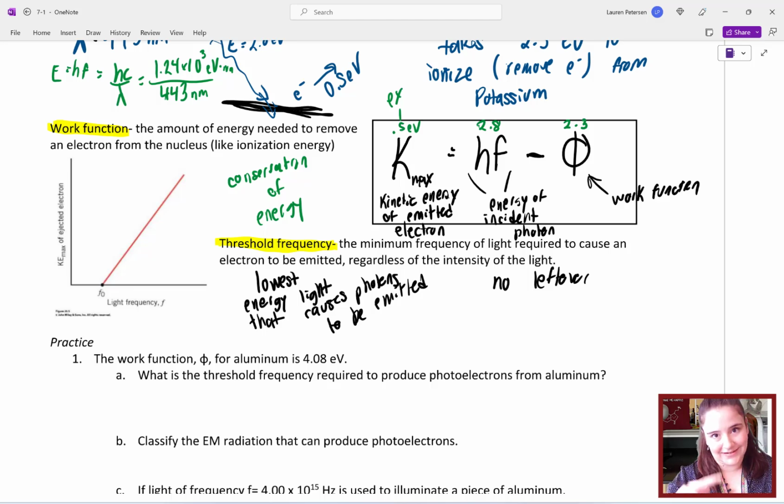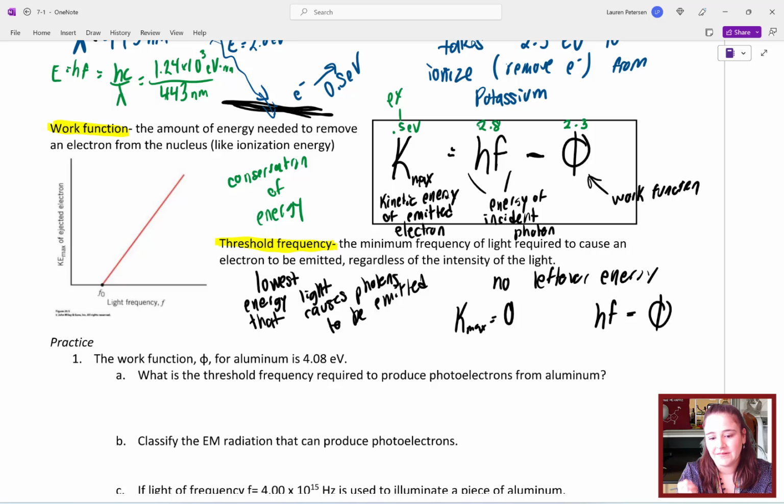So to calculate the threshold frequency, we set K max equal to 0. Then hf will equal the work function, because you subtract them, you get 0. So the threshold frequency, you can always find from the energy needed to remove the electron divided by Planck's constant. Okay, cool.